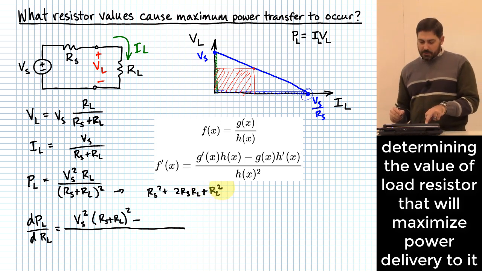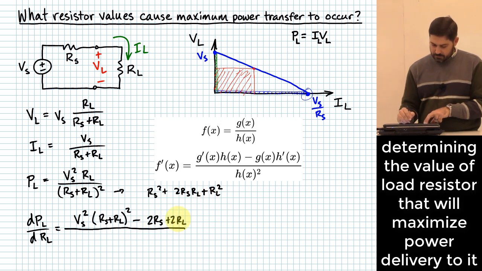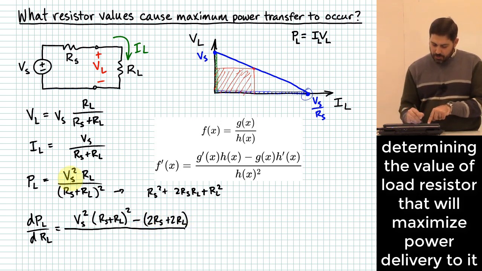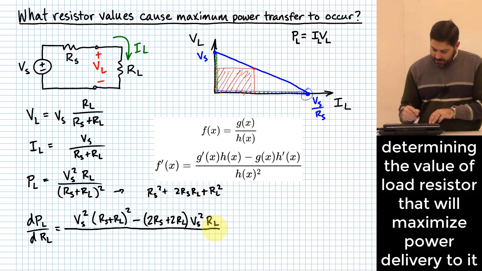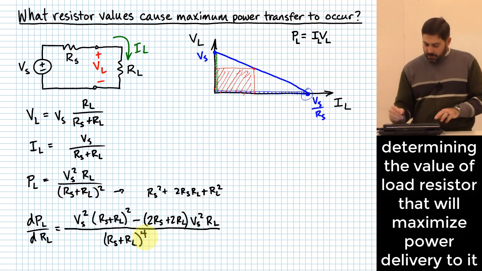What's the derivative of the denominator with respect to RL? 2RS plus 2RL. And what is that going to multiply by? The numerator, but not the derivative of the numerator, right? So that's going to be VS squared RL. Okay, and in the denominator, I have RS plus RL, now to the fourth power, because I'm taking the square of the denominator. And I'm going to set all this equal to 0.